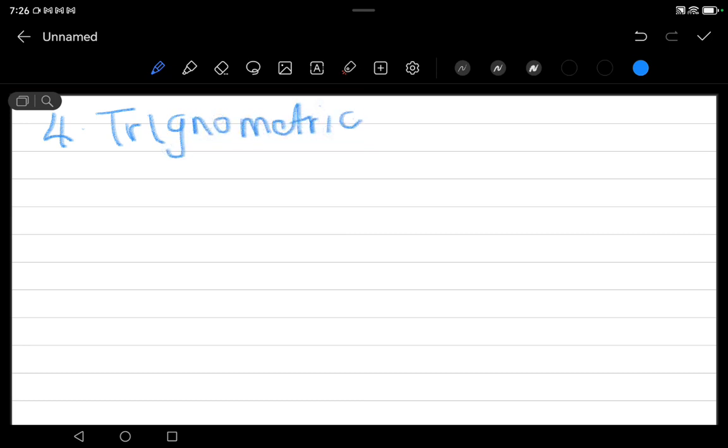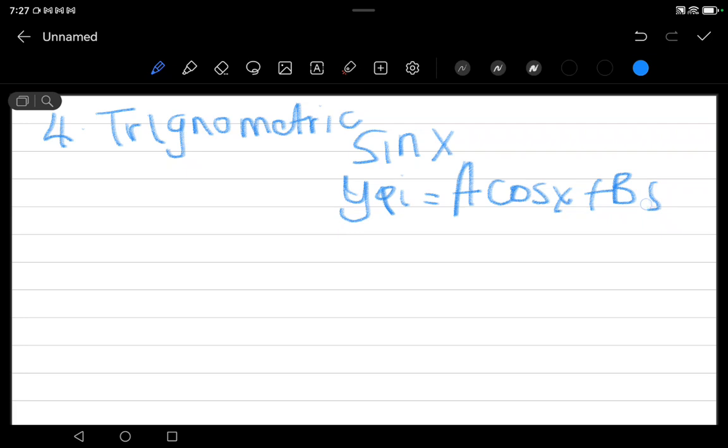Let's say we have sine x. So the YPI for trigonometric is going to be a cos x plus b sine x. So it can be sine x or cos x, it is the same. Our YPI is going to be the same: a cos x plus b sine x.